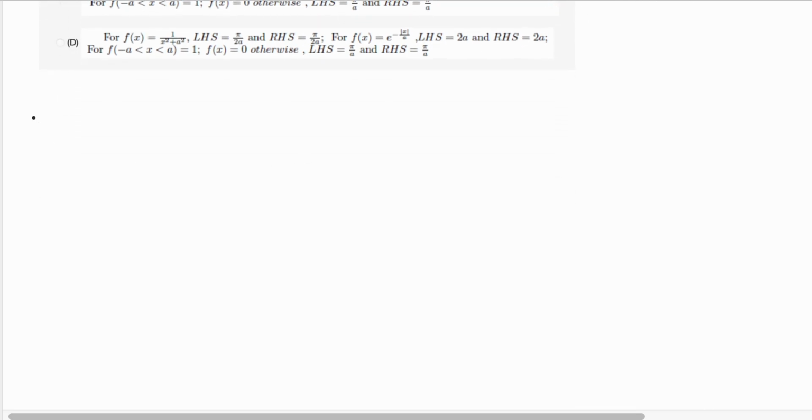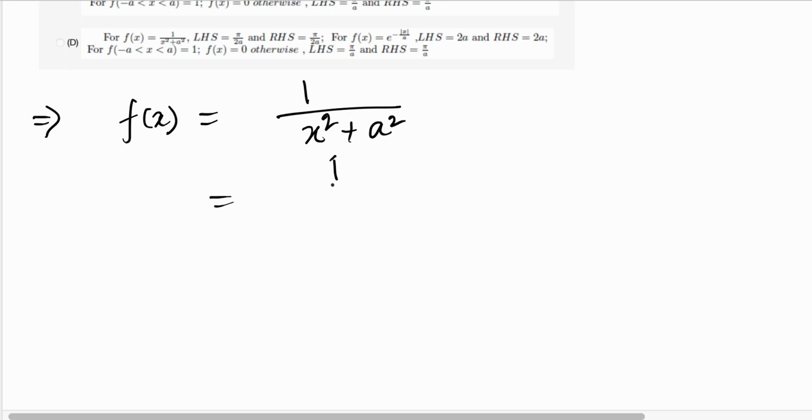Our function is f(x) equal to 1 by x squared plus a squared, right? Now let me write it in another fashion: 1 by x squared minus (ia) squared. I can always write it like that.